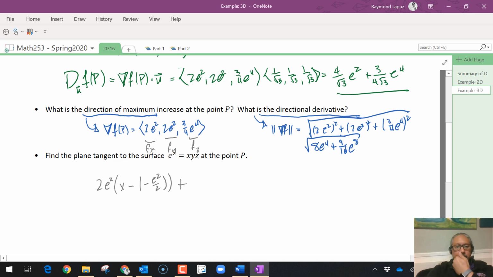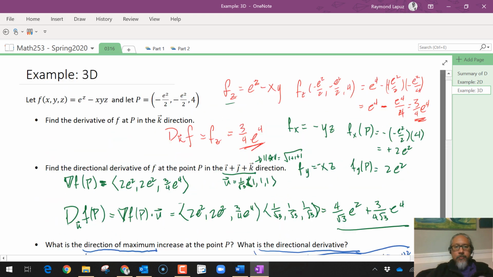plus, and then you got the f sub y, which is 2e squared, and then this, remember, is in parentheses. And then y minus negative e squared over 2. We can simplify that in a minute. And then plus the z this time. The z is 3/4 e to the 4th, and then we're multiplying it by z minus the z component, I think was 4.